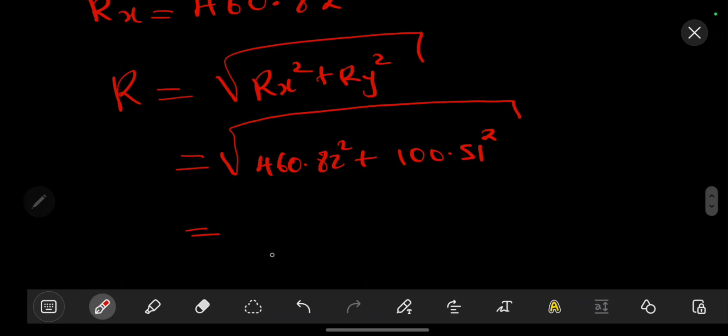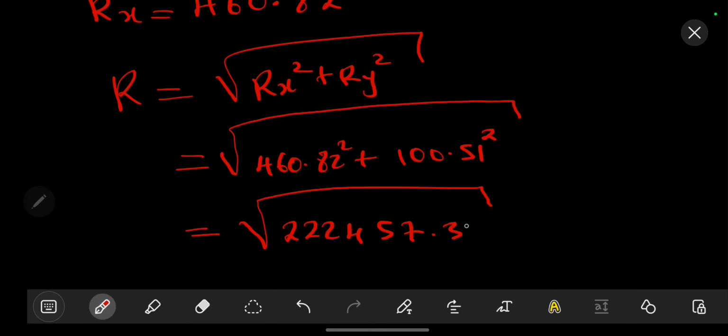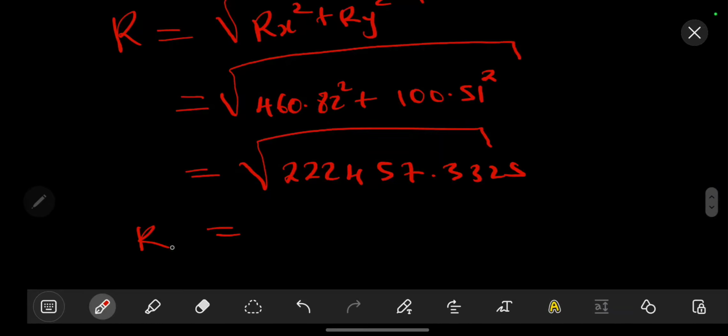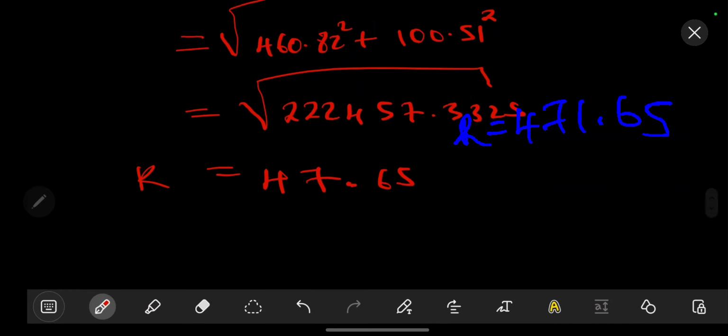When we add the squares of both numbers, we have 222,457.3325. So the square root of this value gives us 471.65. So this is our resultant.